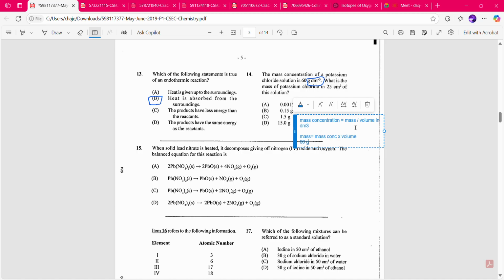And the mass concentration that we have is 60 grams per dm cube multiplied by volume. As I say, it's volume in dm cube, so 25 centimeters cube to dm cube is going to be 0.025 dm cubed. And when I work this out, I get 1.5 grams.